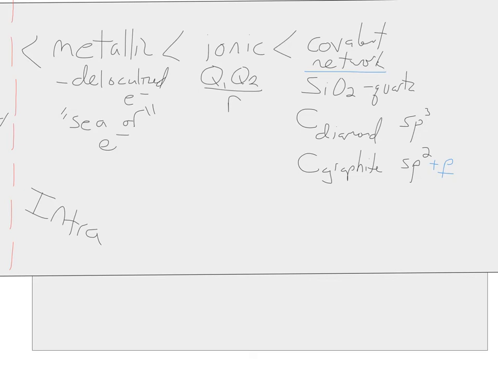And we did mention that while one layer of graphite is a covalent network structure, graphite is brittle and breaks because in between the layers they have London dispersion forces. But a single sheet of graphite is one of the strongest substances. It's a covalent network structure, very, very hard to break. So those are some of our covalent networks.